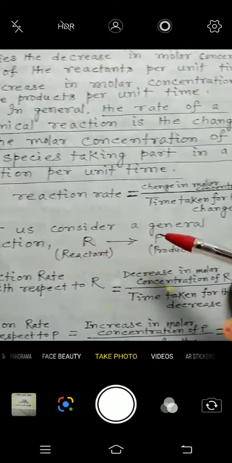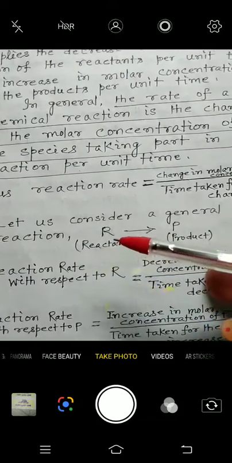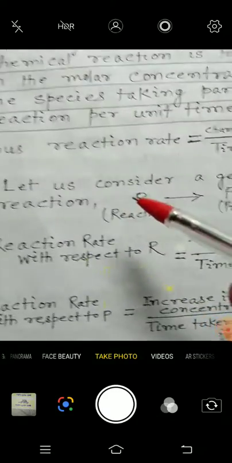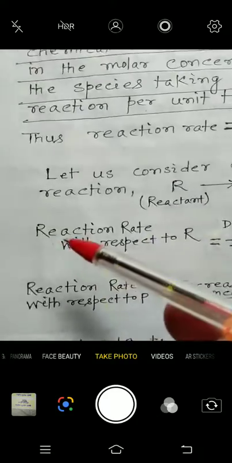Let us consider a general reaction. R gives product P, R arrow P. R means reactants and P means product.